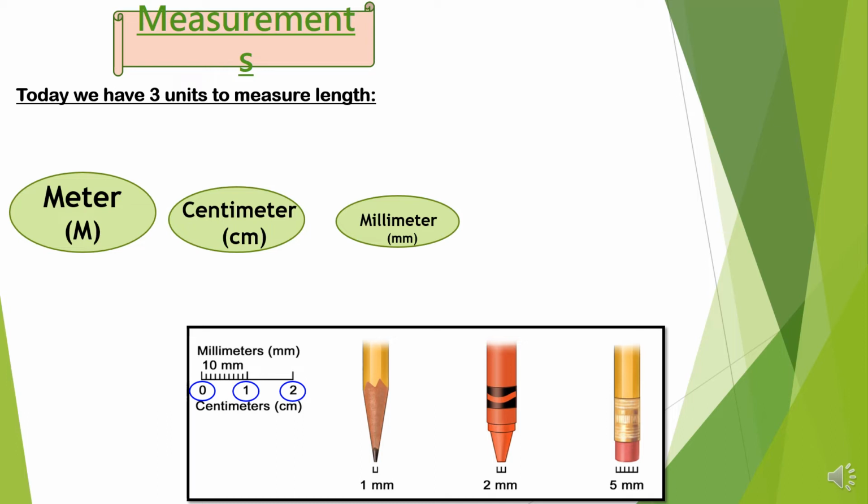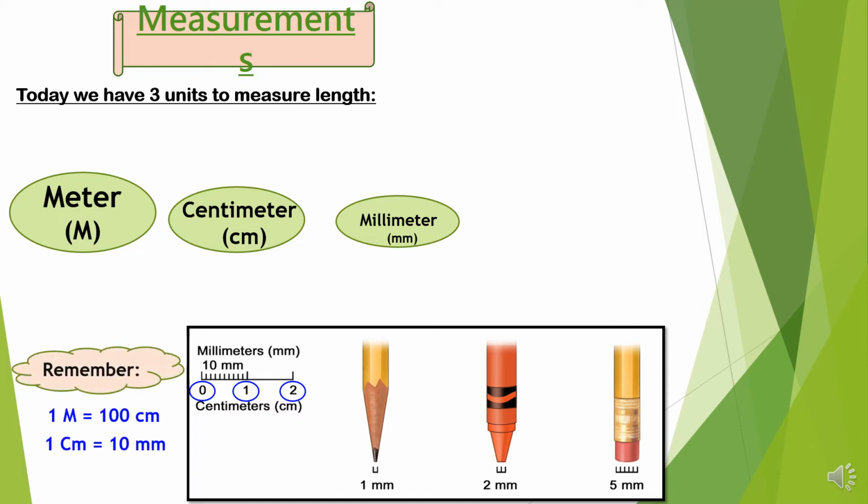So these 10 dashes equal 10 millimeter. So 1 centimeter equal 10 millimeter, because between each two numbers is 1 centimeter, and between each two numbers are 10 dashes, which are 10 millimeter.